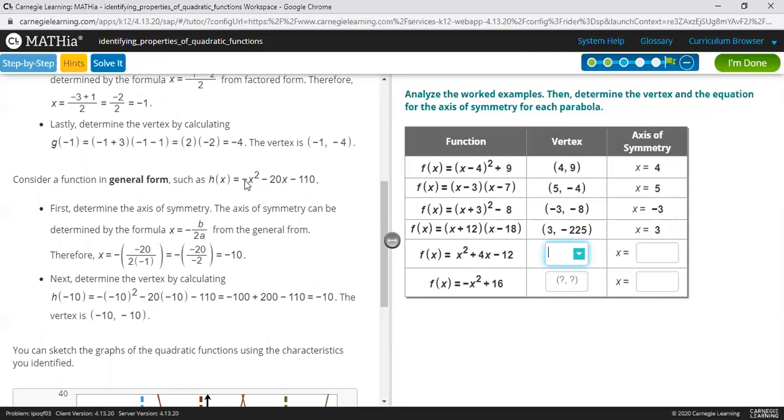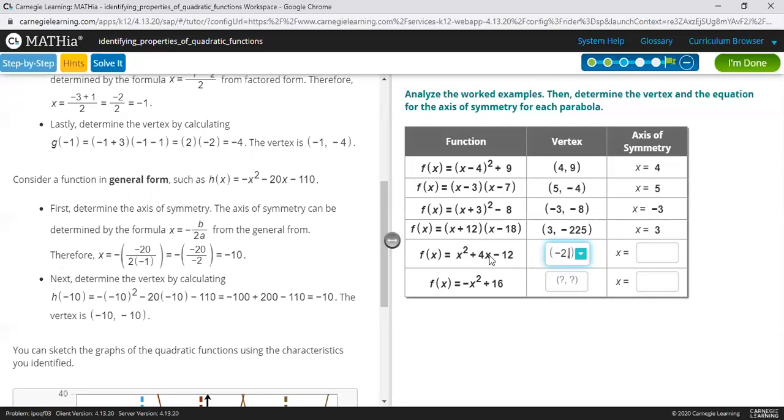So if I take my b value here, which is 4, I'm going to take the opposite of 4. That's where that negative comes in. So I have -4 divided by 2 times the coefficient of x squared, which in this case, if there's nothing there, is just 1. So -4 divided by 2 times 1 or 2 is -2. And that's going to be my x value.